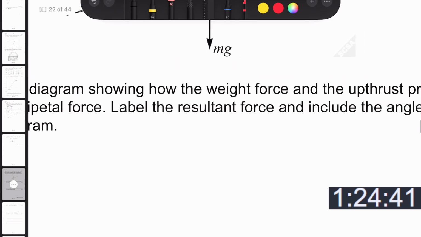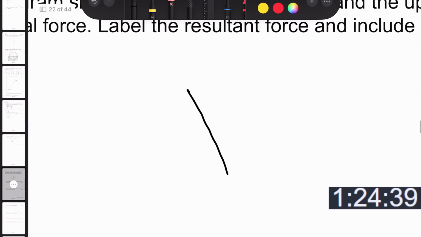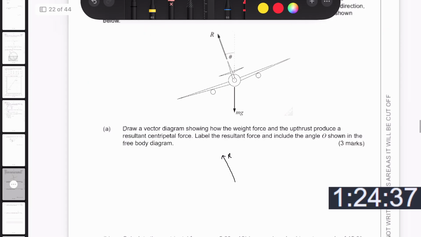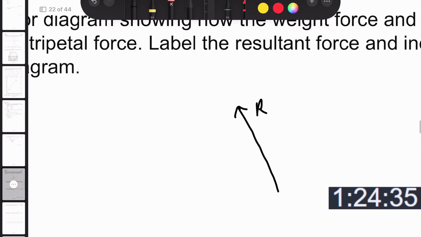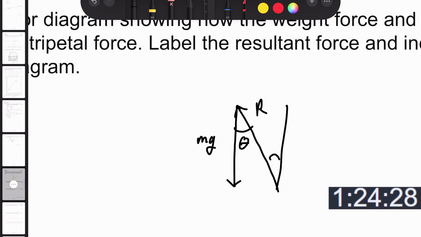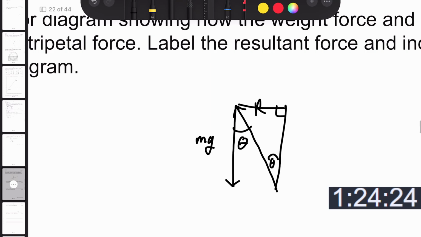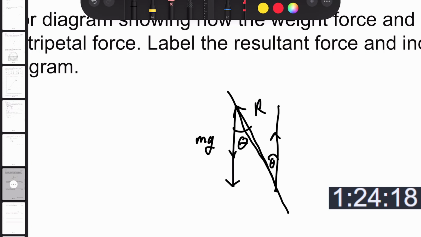Okay, easy peasy. Let's say that is R, and then this is mg, and this is theta. Because if this is theta, I can make a 90 triangle. Oh no, I don't even need that. I can just say that this is a bisector of parallel lines, so these are both to the vertical, so they have to be equal.